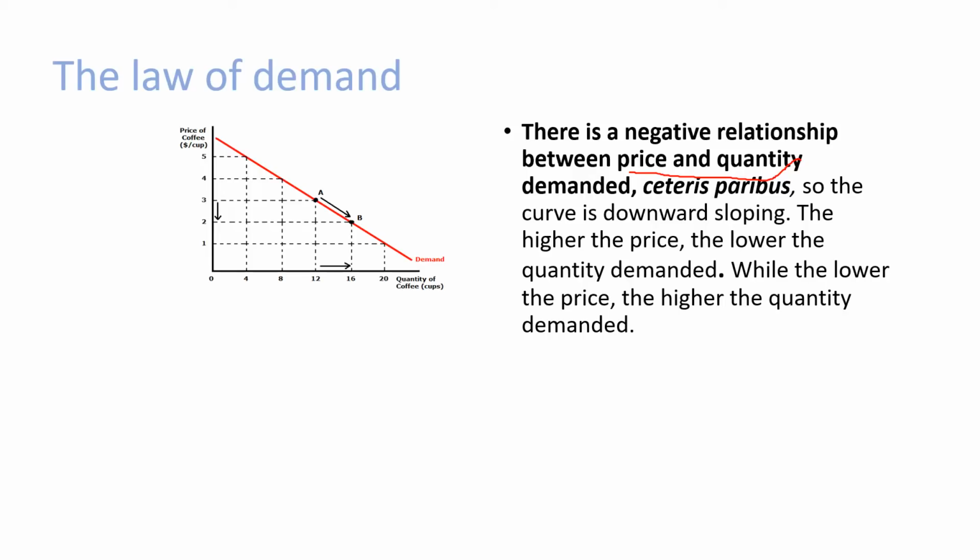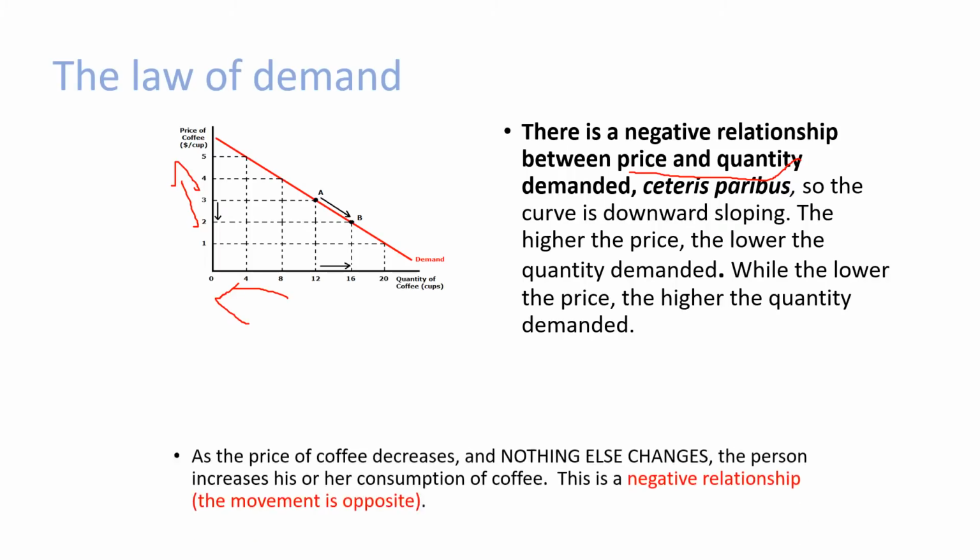The curve is downward sloping because of this negative relationship. The higher the price, the lower the quantity, while the lower the price, the higher the quantity demanded. That's why the demand curve is downward sloping.